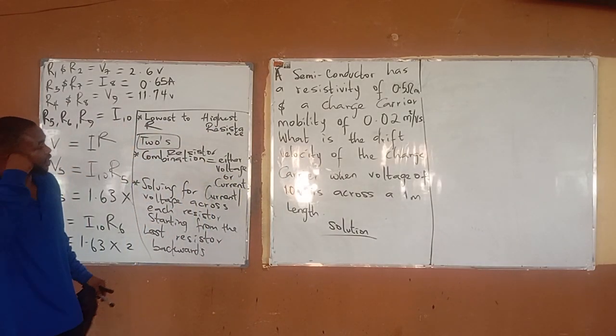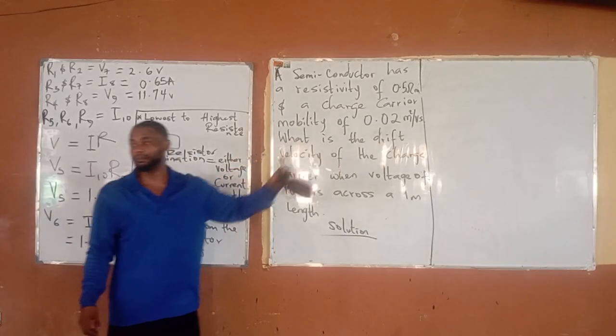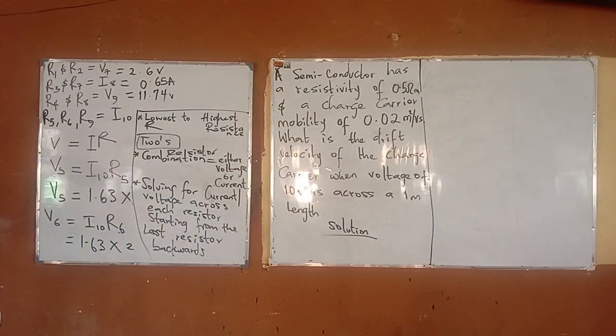So they gave us resistivity. Please have it in mind that whether resistivity or conductivity is given, it should not move you. The main thing is knowing what they're asking you to solve. Every material has resistivity. If you are a metal, your resistivity will be low because you have the ability to conduct electricity, while your conductivity will be high. We said that resistivity is the resistance to the flow of current due to the type of material.